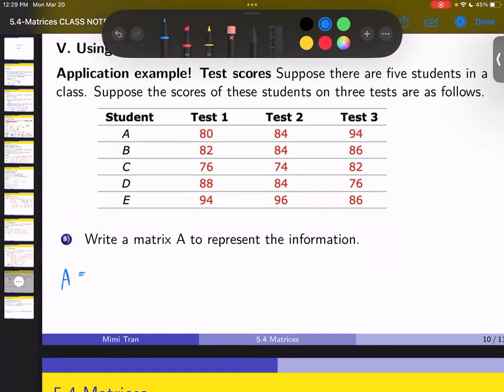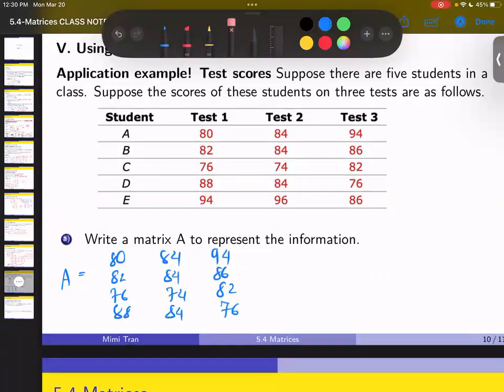That's easy, right? 80, 84, 94, 82, 84, 86, 76, 74, 82, 88, 84, 76, 94, 96, 86.